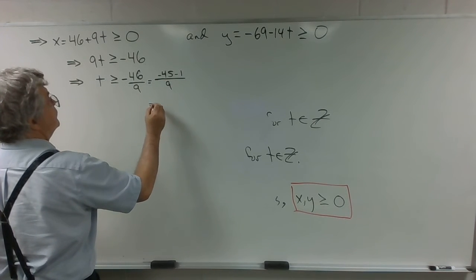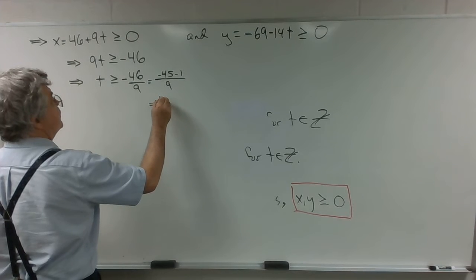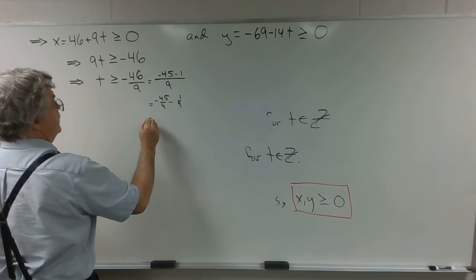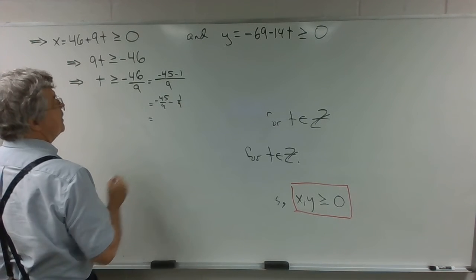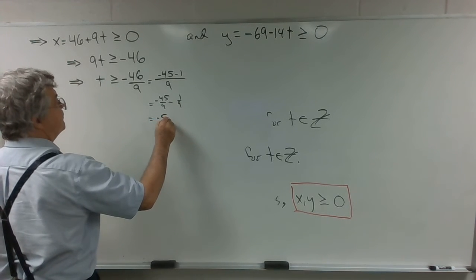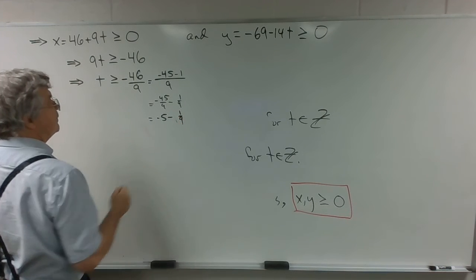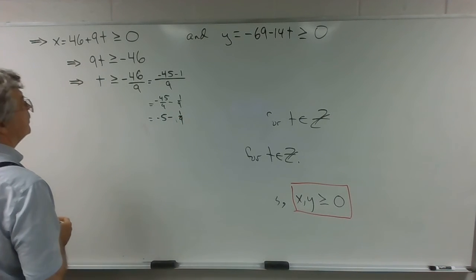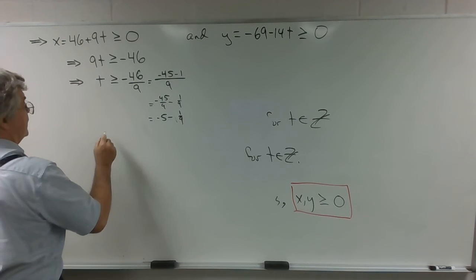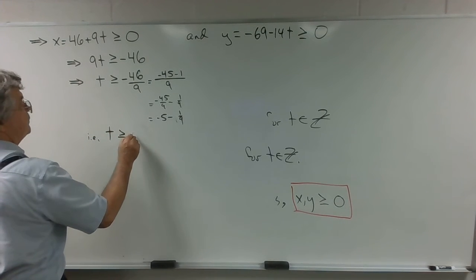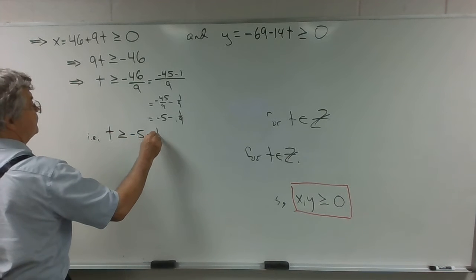And that is negative 45 over 9 minus 1/9, which equals negative 5 minus 1/9. T is greater than or equal to negative 5 minus 1/9.